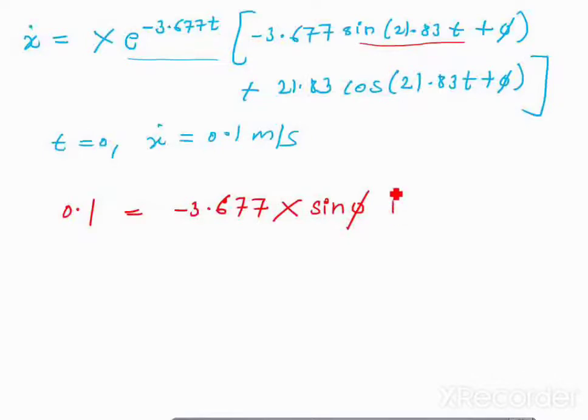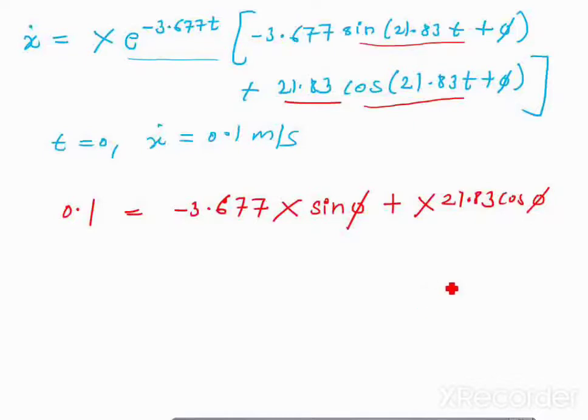Now plus again, this x is constant for both terms, so x into 21.83, and now this cos 0 is 1, so this term will become 1. What remains? x into 21.83 into cos phi.